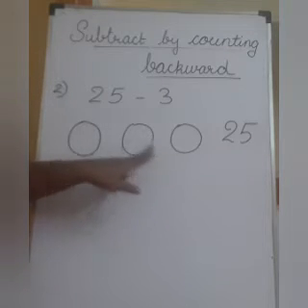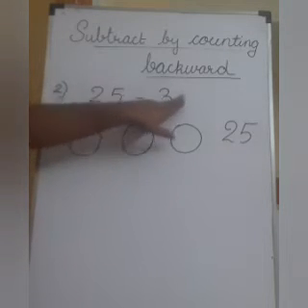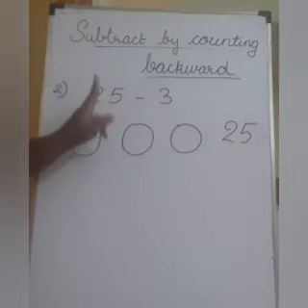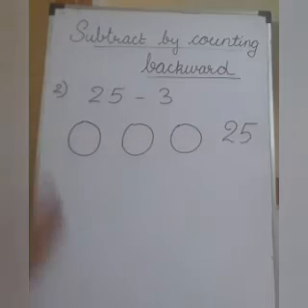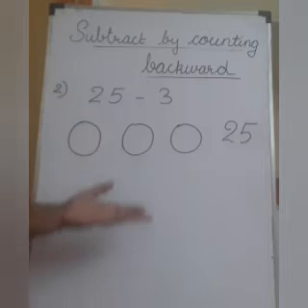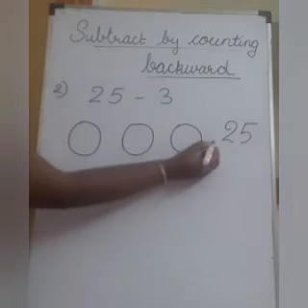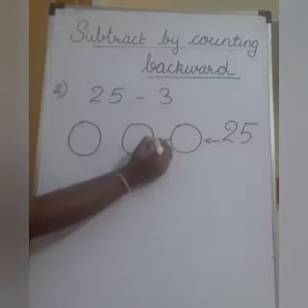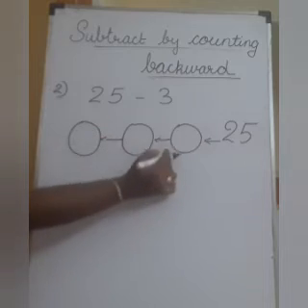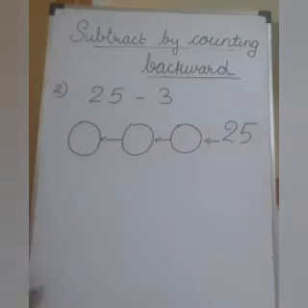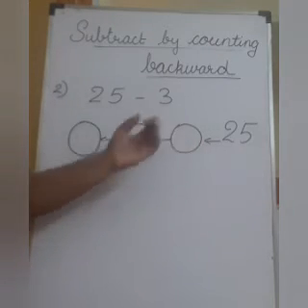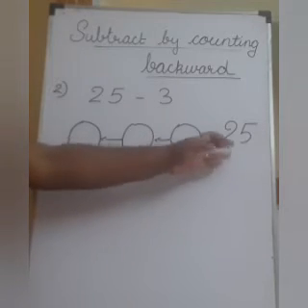We draw the circles as per the second number and we write the first number at last. Now we can count backward 3 numbers from 25, or we can say 3 numbers before 25.